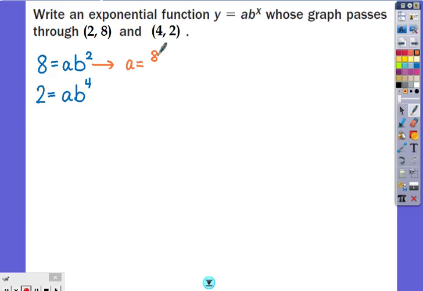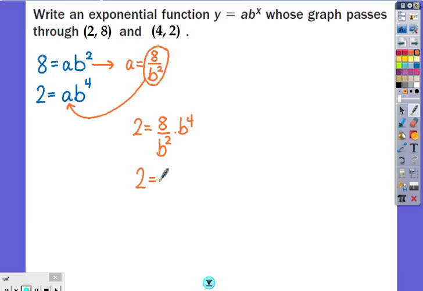A equals 8 over b squared on this one. Now if we take that and substitute it in, here we've got b to the 4th divided by b squared.